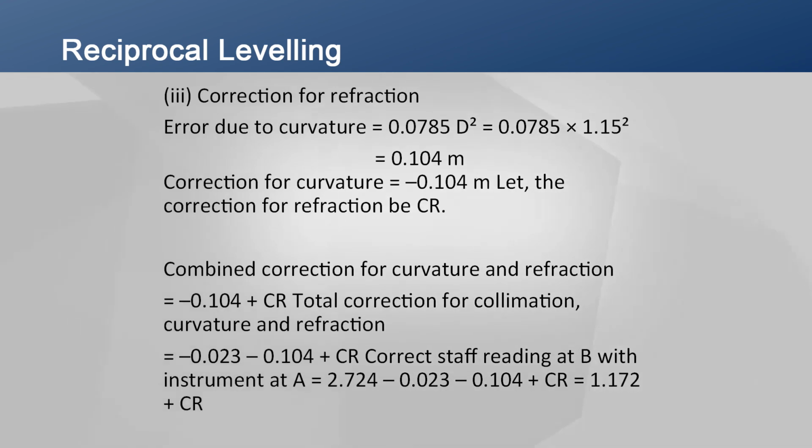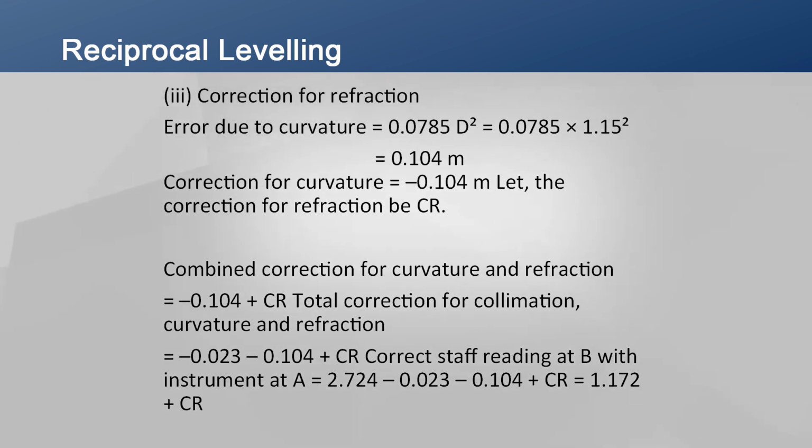And lastly, we will calculate the correction for refraction. The error due to curvature is given as 0.0785 d square, which is equal to 0.0785 multiplied by 1.15 whole square, which will result in 0.104 meter. The correction for curvature is minus 0.104 meter.